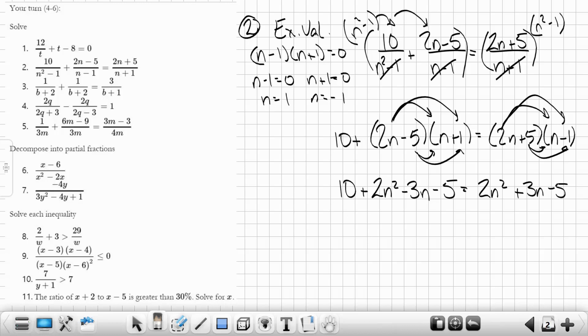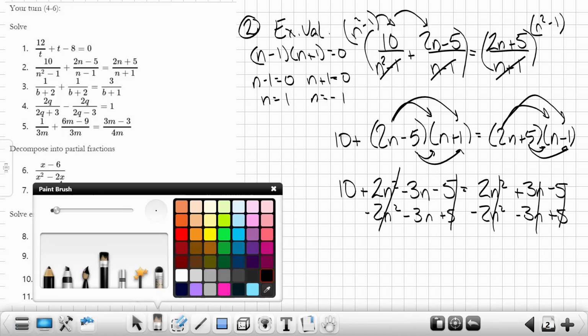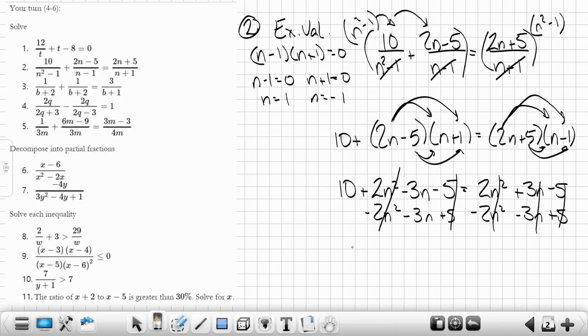What's nice here is that I'm going to bring everything to the left side. 2n squared, 2n squared, minus 3n, minus 3n, plus 5, plus 5. Cancel, cancel, cancel, cancel. That's not a cancel. I don't know why I said cancel in the center over here. Lucas was going to call me on it, though, so it's okay. 10 minus 6n equals 0.